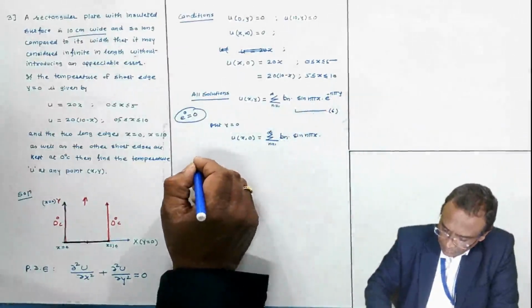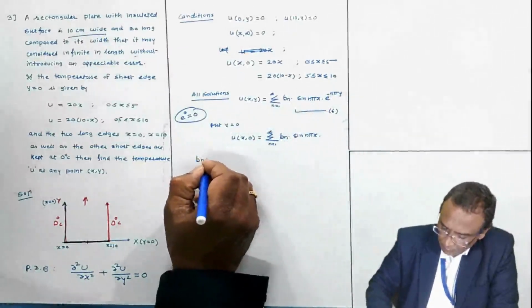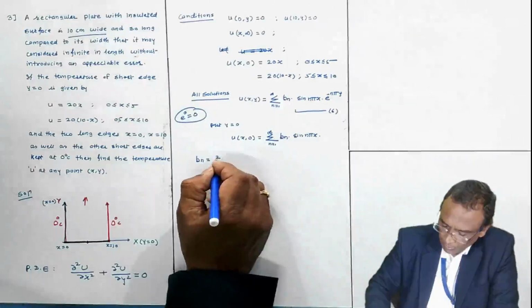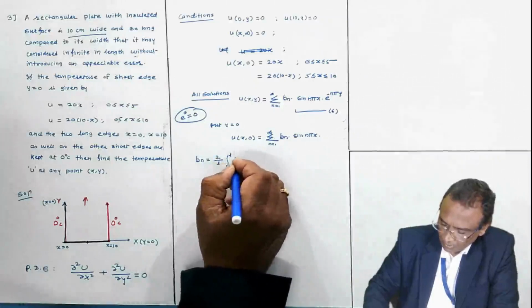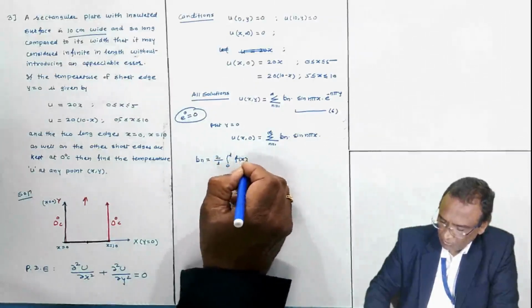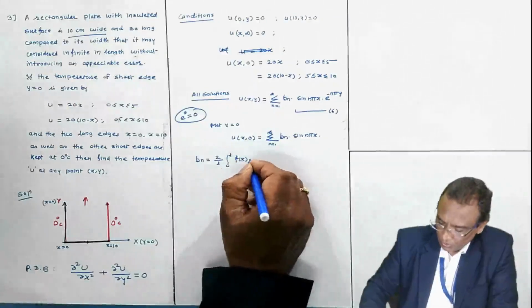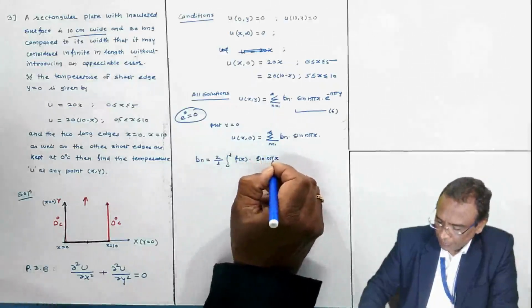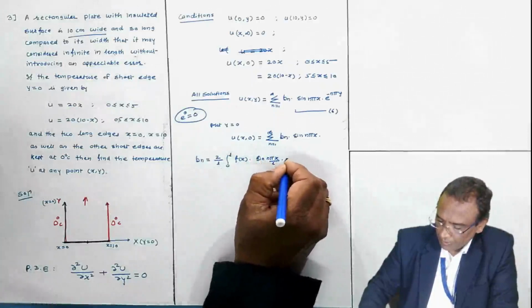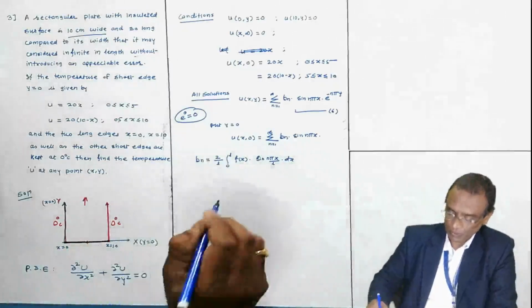Now the formula for bn: 2 by L, or 2 by 10, integral of the function being expanded, u of x, 0, times sin(n pi x / L) dx.